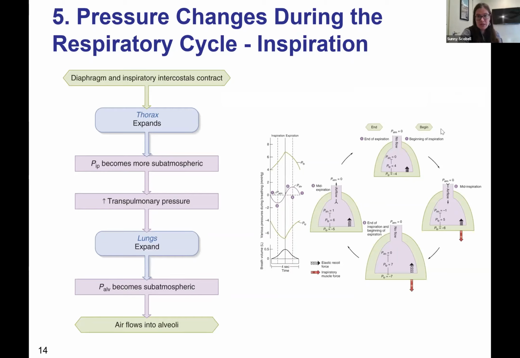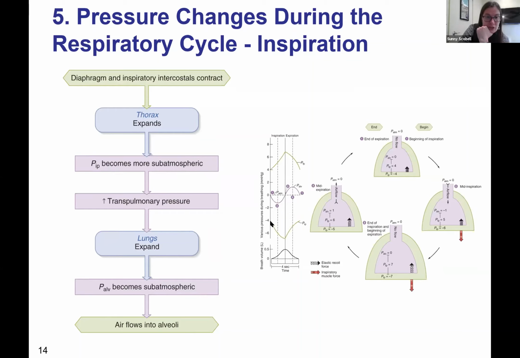We're going to start here, go through a cycle, and here. Okay, and this is all inspiration. Up here, you can see that what you've got is your breath volume going up, going down. This over here is a full cycle all the way, inspiration, expiration.